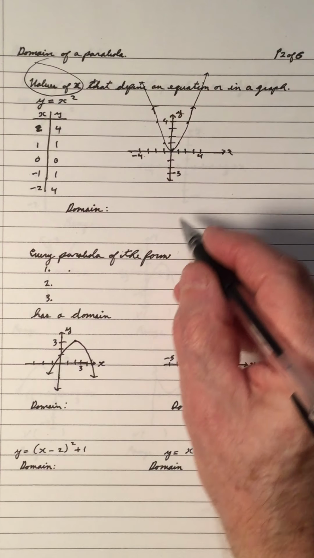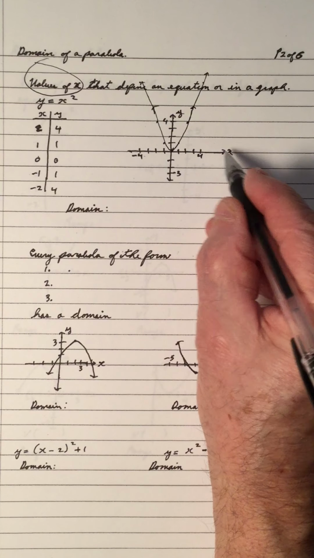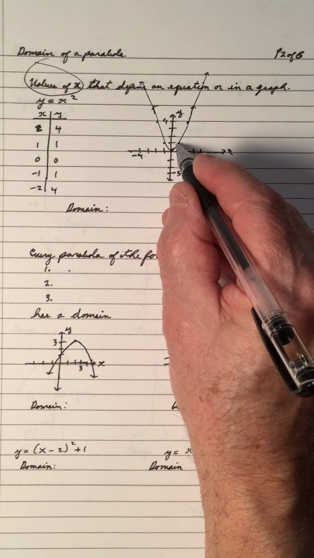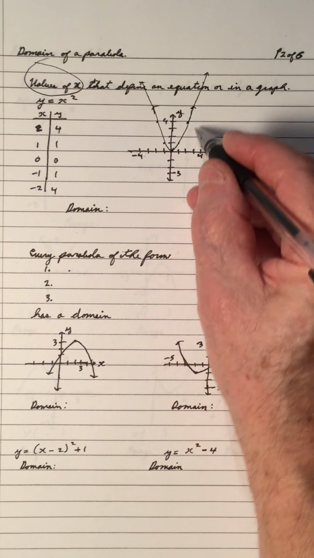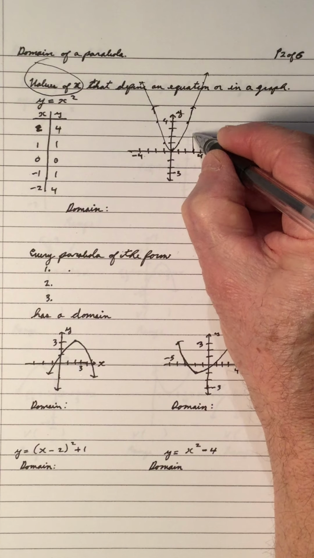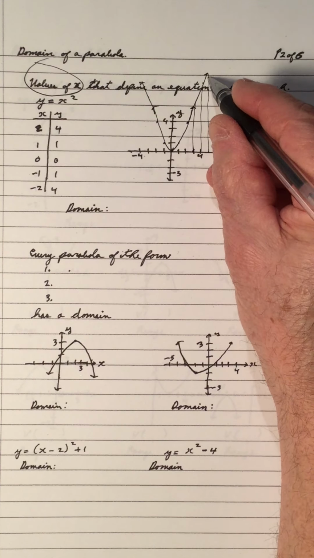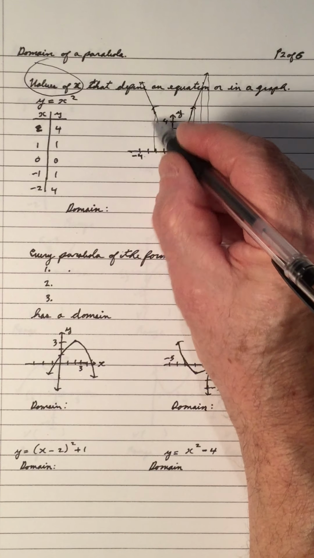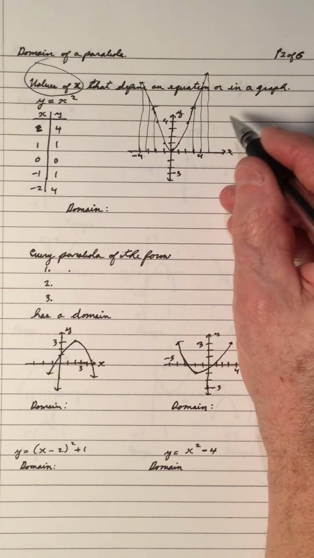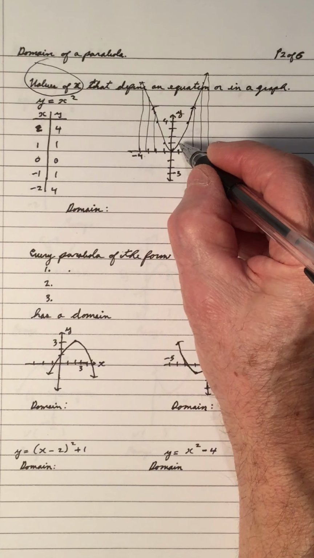So the domain includes all the x values in this graph. The 0, the 1 is right here, the 2 is there, the 3 is 9, which is way up there, the 4 is way up there, and so on as we go to this side. You can see that as you go left and right, the values of x are in this graph.